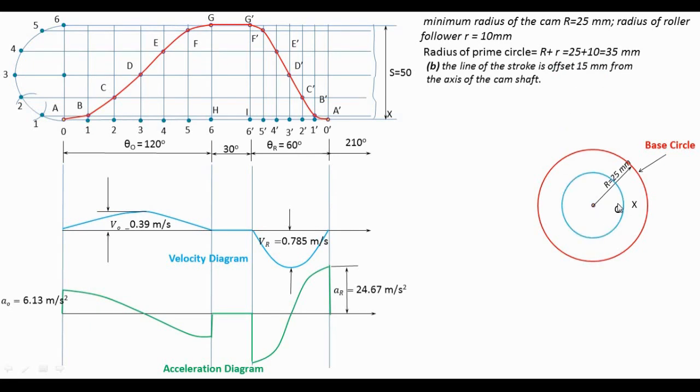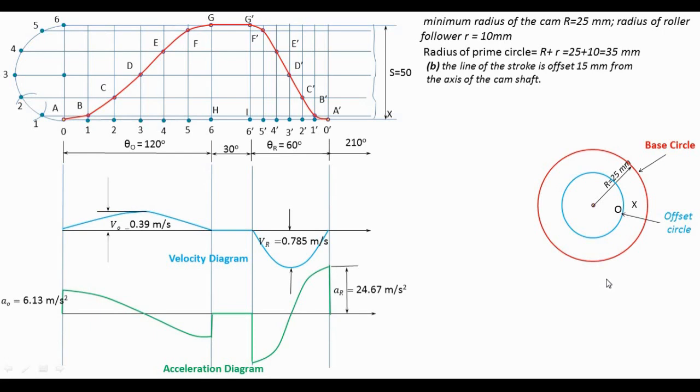So this is the 15 mm radius offset circle. Next the question is to which side the offset should be taken, whether to the left side or right side. As we have assumed that the cam is rotating in clockwise direction, that is why we have divided the outstroke and return stroke angles in anti-clockwise manner.